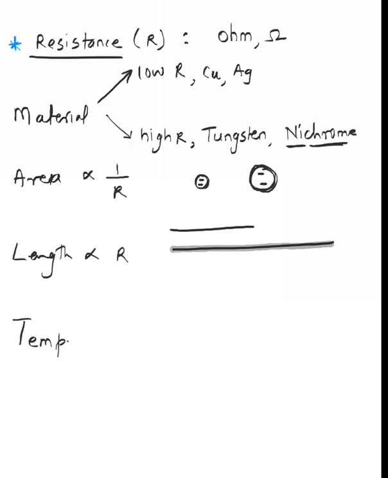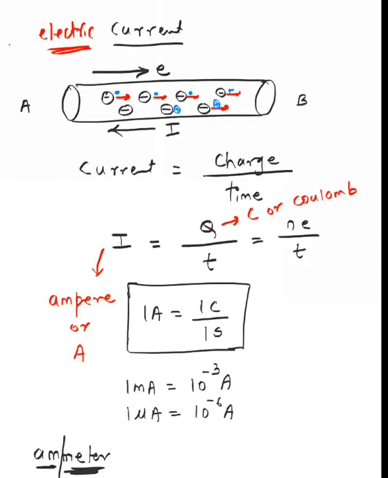And then guys, the last one is the temperature. So when the material is heated up, the atoms will start vibrating more vigorously about their mean position. Because they are vibrating more often, like up, down, up, down, the electrons which are coming will get obstructed again and again.